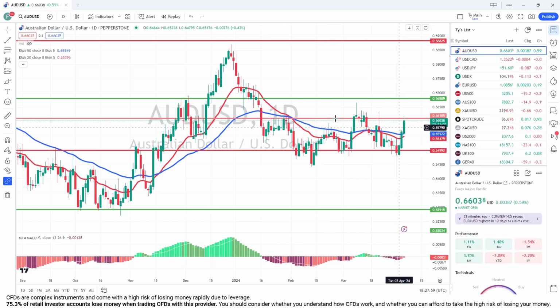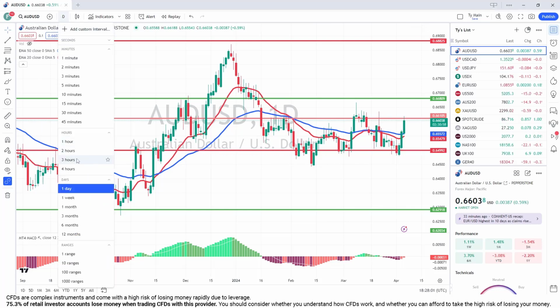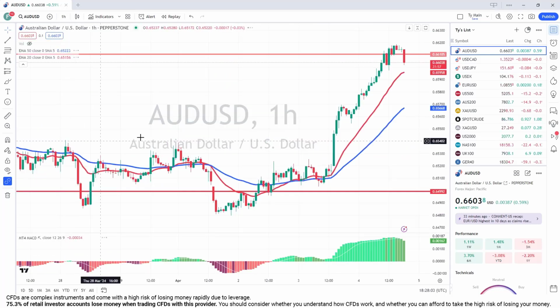Now, if we go to the smaller time frames, you're going to see basically a very big move up. Once it did explode out of this area here, this is a 1 hour chart. We see the series of higher highs and higher lows that we always talk about. Once it's trading above the moving average, and we know that we are above the support level again, off it went. Now, once it did go, it was going to be difficult to get into because it basically just ran.